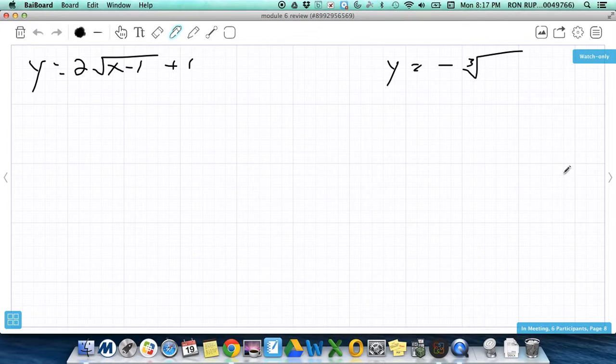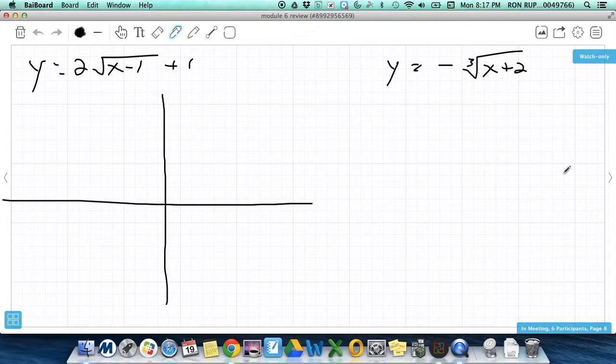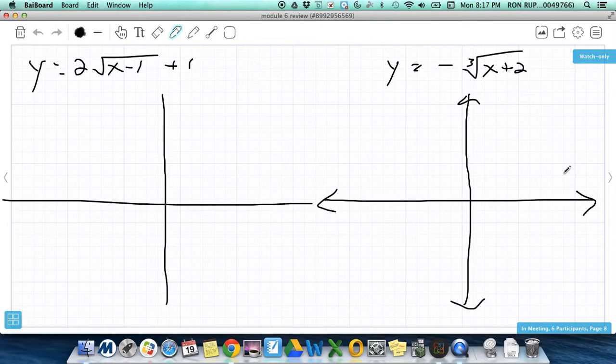All right, so let me draw a graph here. There's my graphs. All right, so in this first one, it's a square root function. And so I'm going to remember my square root table. 0, 1, 4, 9, 0, 1, 2, 3.